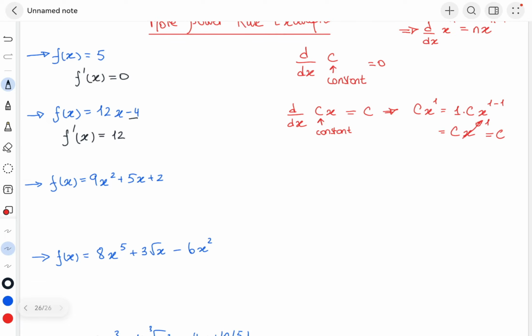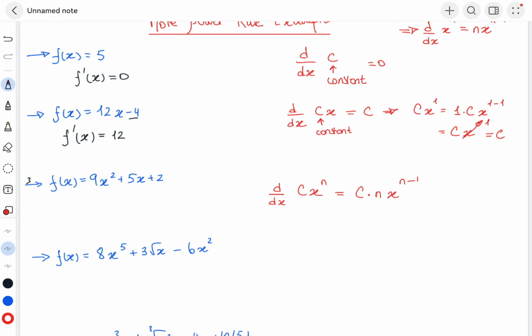Now, in the third question here, we have 9x squared. As we said, the derivative of cx to the power n will become c multiplied by the power x to the n minus 1.